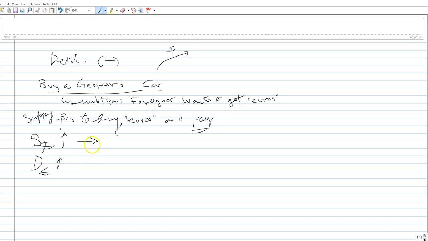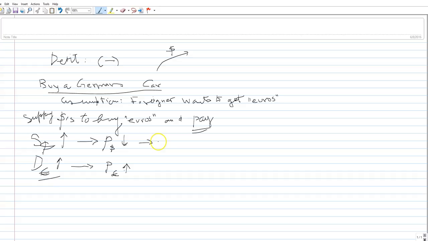So that leads to, remember from basic demand and supply, if the supply of anything increases, then the price of that item decreases. And as the demand for euros increases, then the price of the euro will increase.